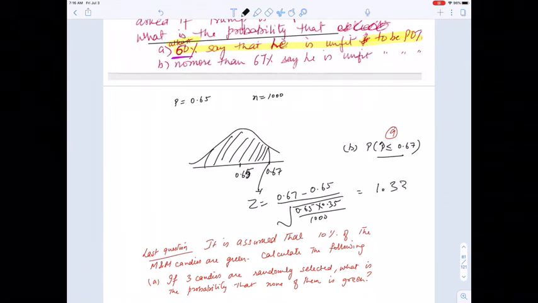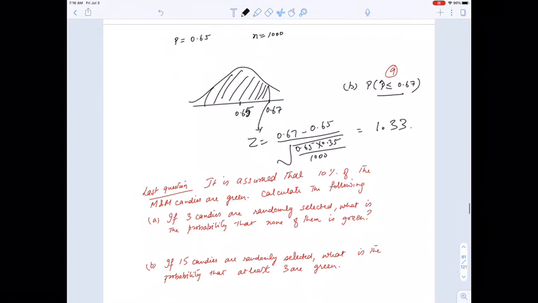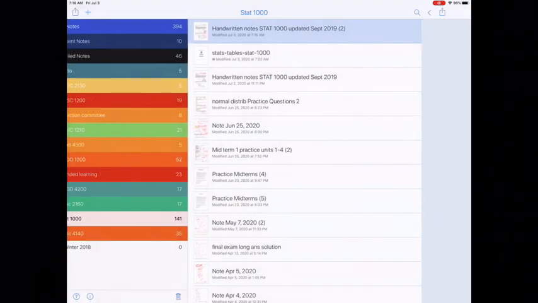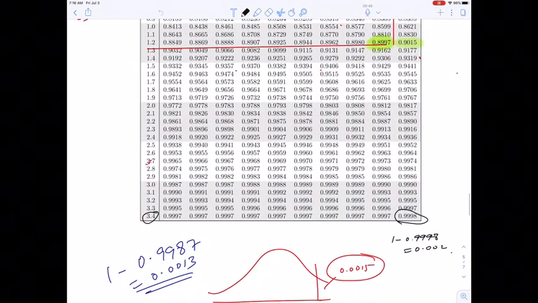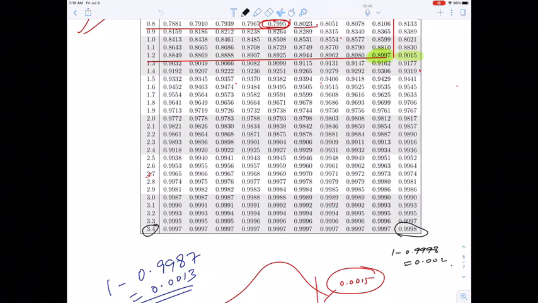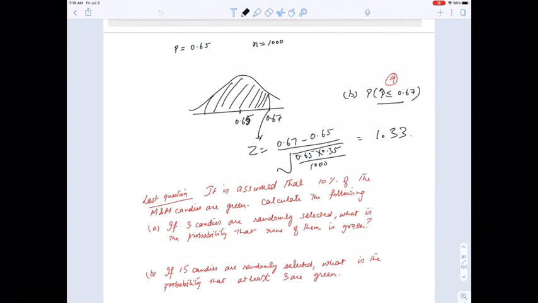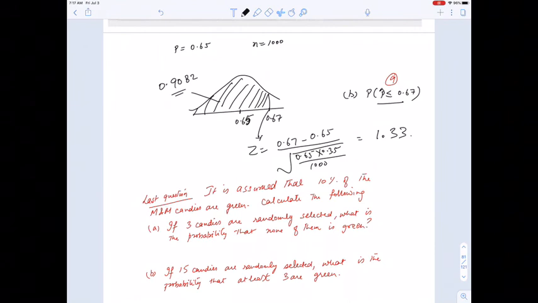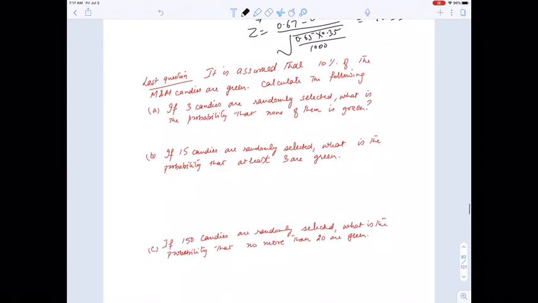So we get 1.33, and we want to find the area on its left hand side. 0.9082, or whatever that is. That is your answer for part B.